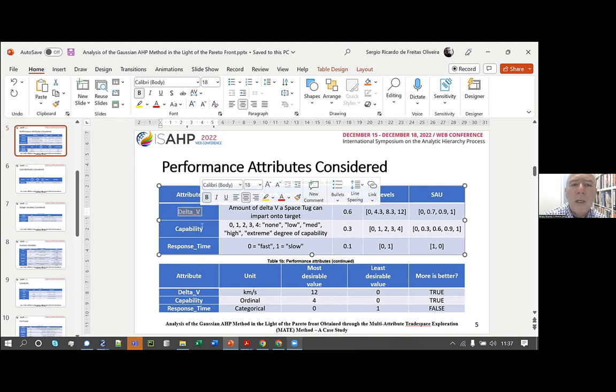They are dummy attributes, and applied to each one of these dummy attributes are the weights that subject matter experts think the attributes have. Okay, it's actually the method of multi-attribute Tradespace exploration.